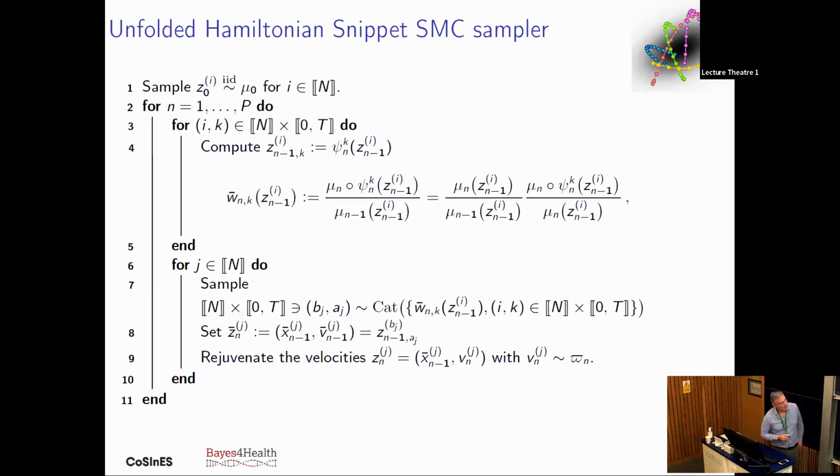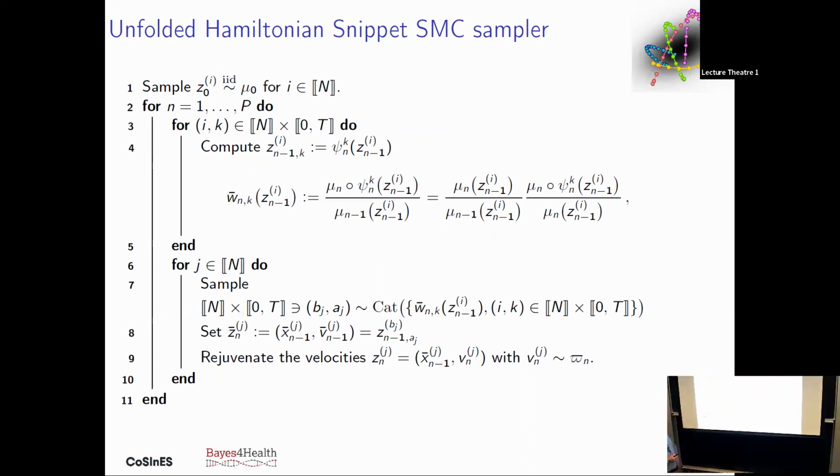There are too many symbols here, but I decided to leave this slide just because I wanted to show you the importance weight. These are the iterations. You go across, visiting all the intermediate distributions, and here we index the seed particles and the time along the snippets.